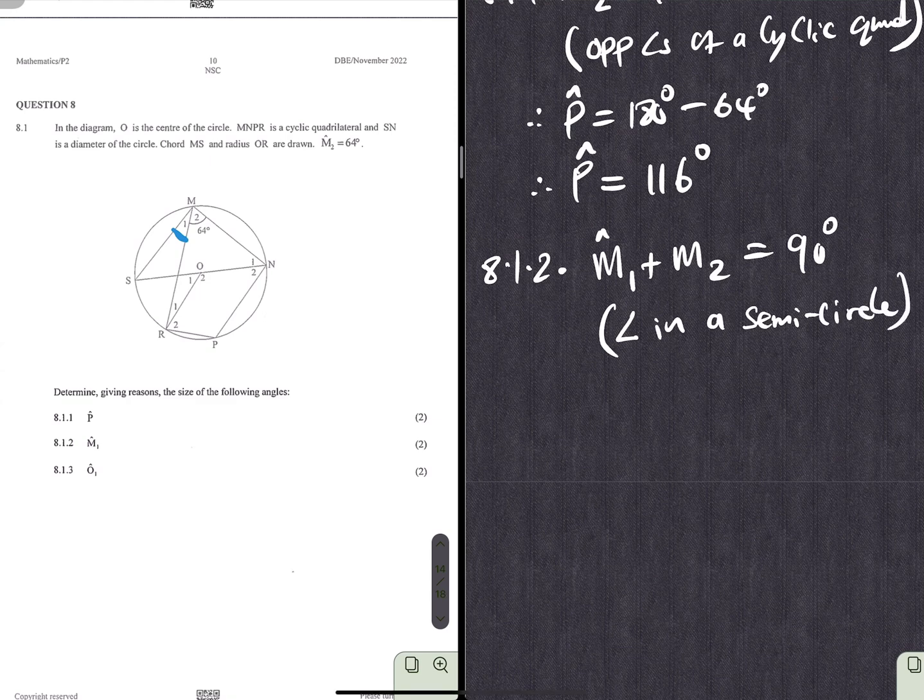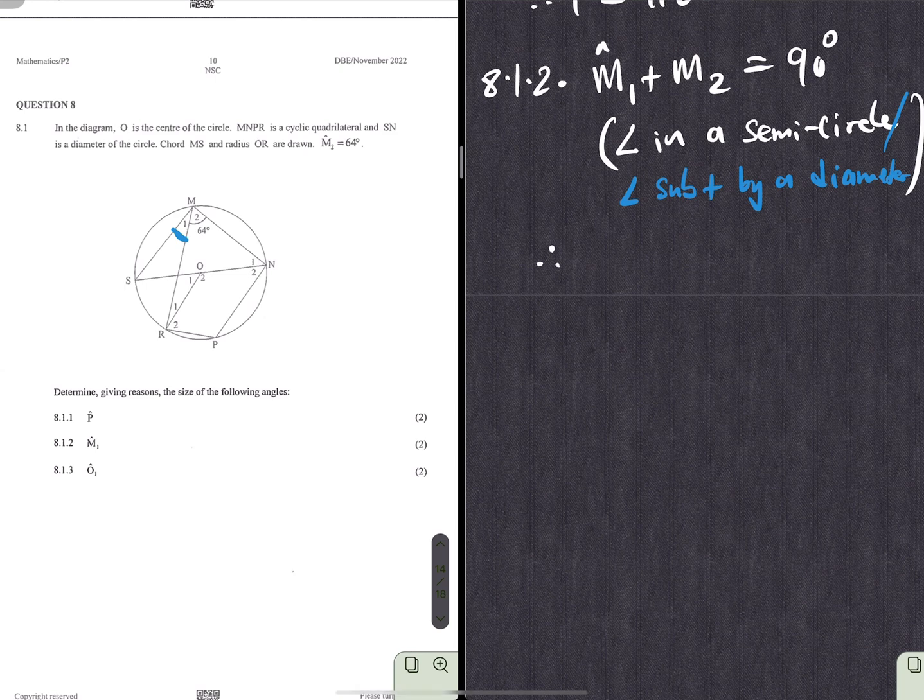You can give that as a reason. So this will mean that angle M1 will be 90 degrees minus angle M2, that is 64 degrees.